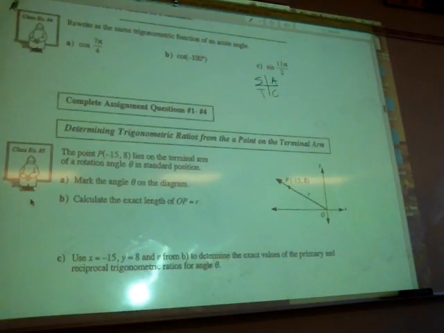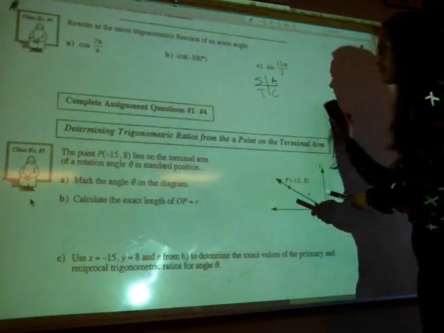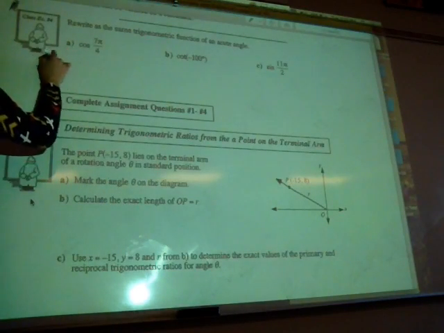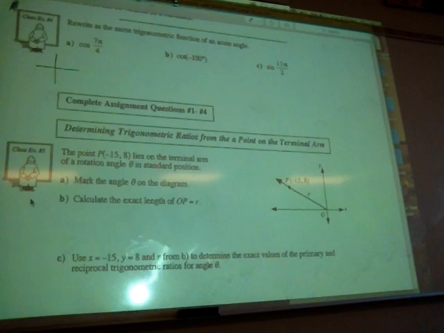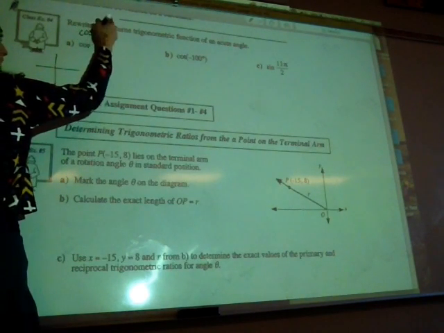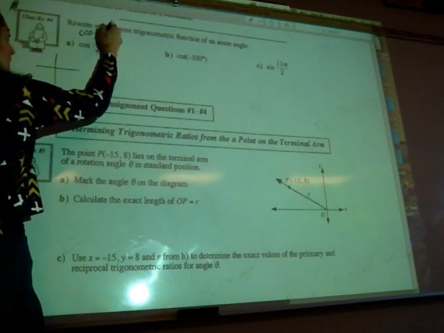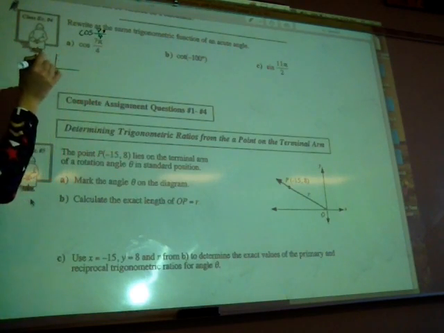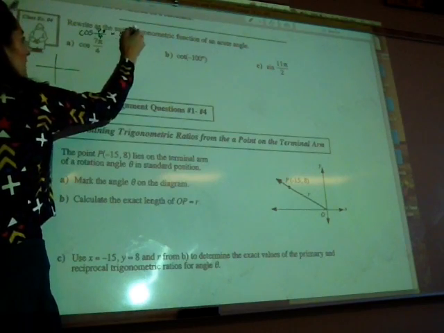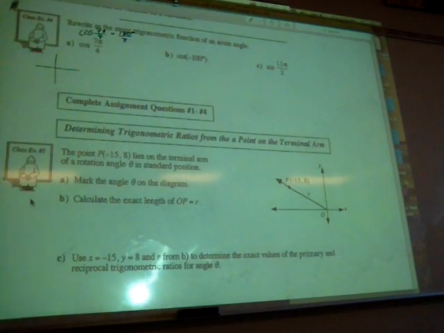We have cosine 7 pi over 4. First, we have to figure out where that angle terminates. If you don't like radians, you can convert this to degrees. Let's practice. 7 pi over 4 to degrees, we multiply by 180 degrees over pi. What do you get?